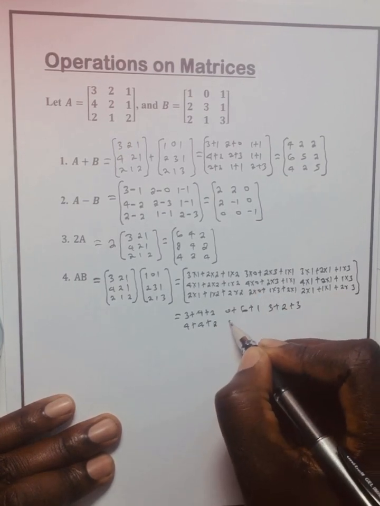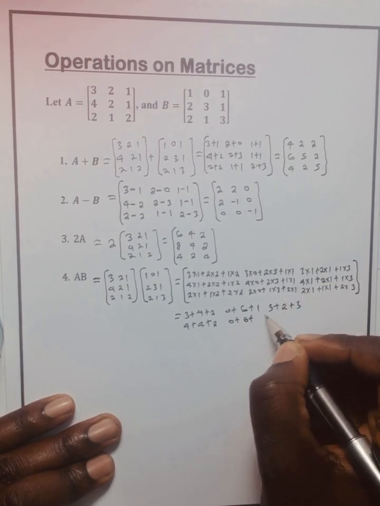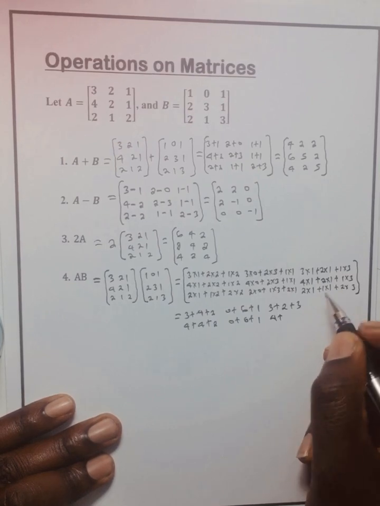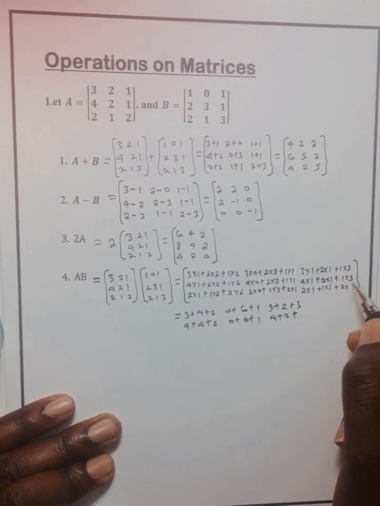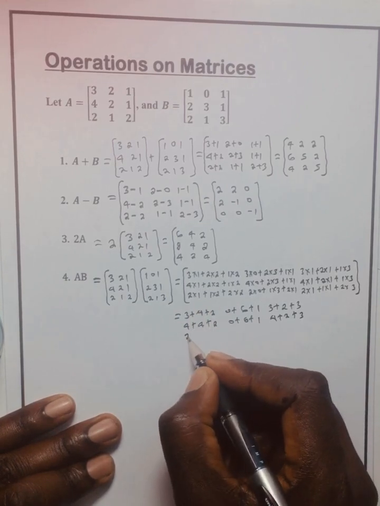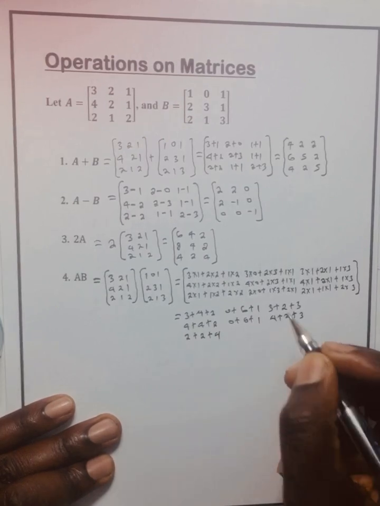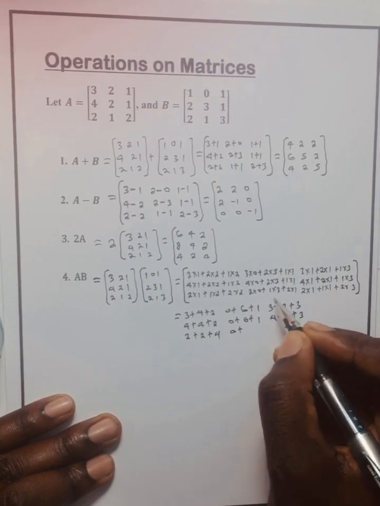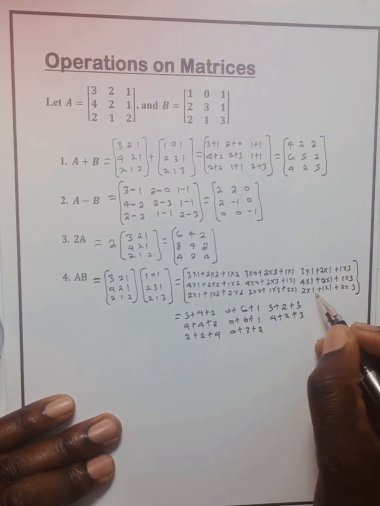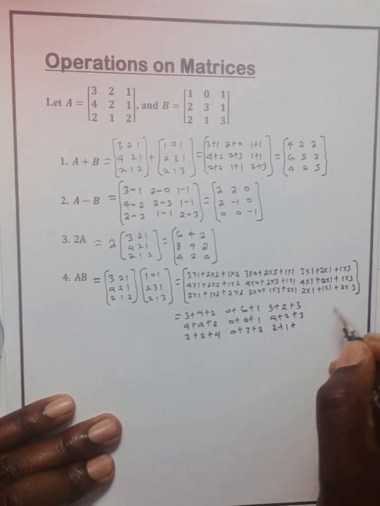And here we have 0 plus 6 plus 1. Here we have 4 plus 2 plus 3. Here we have 2 plus 2 plus 4. We have 0 plus 3 plus 2. Then here we have 2 plus 1 plus 6.